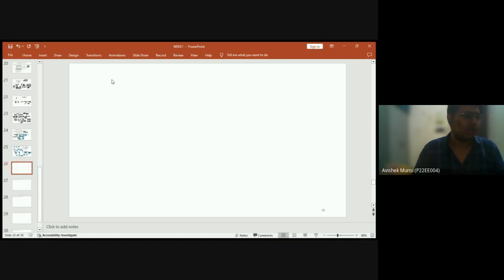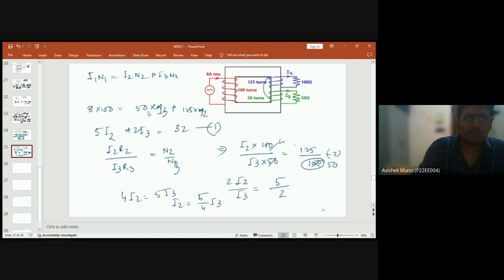If you solve it, put the value of I2 in equation 1.